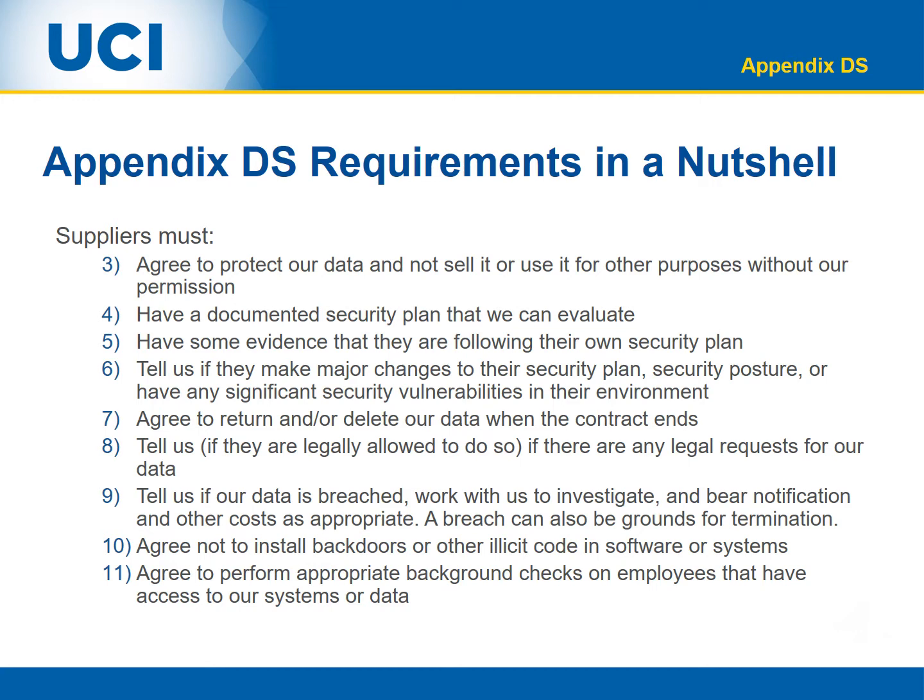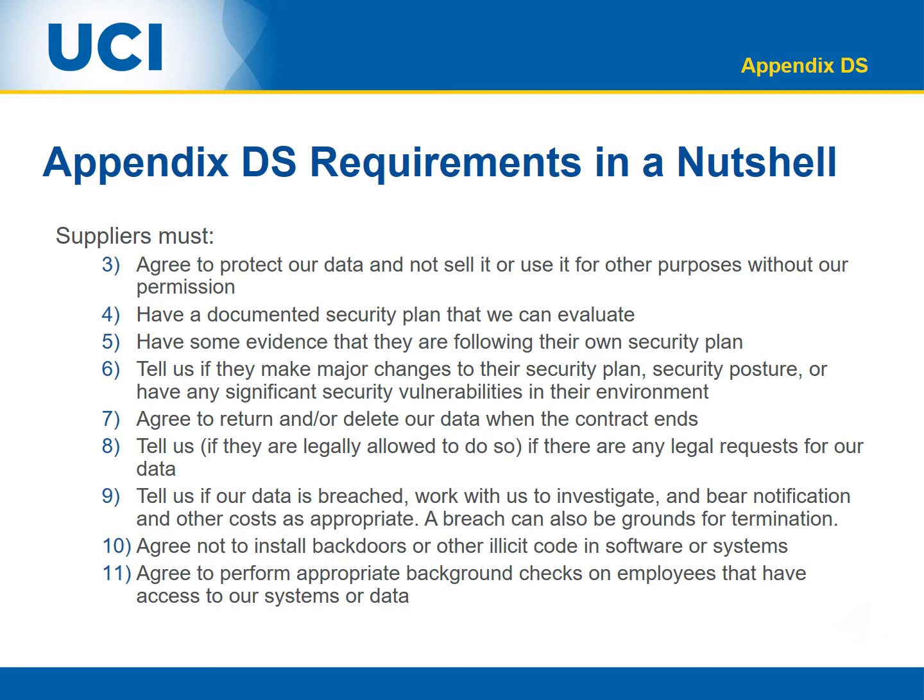That seems pretty basic. Number 4 is they need to have a documented security plan that we can evaluate, and that helps us judge how mature they are at protecting data and whether they have secure processes in place to protect that data.